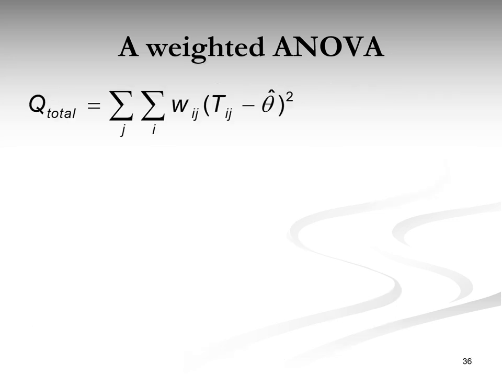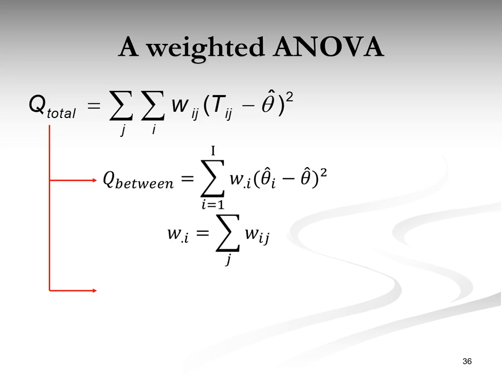How do the formulas look? Well, we have already seen this Q total. This Q total is split in two Qs. The Q between expresses the size of variation between category population effect sizes or category means.